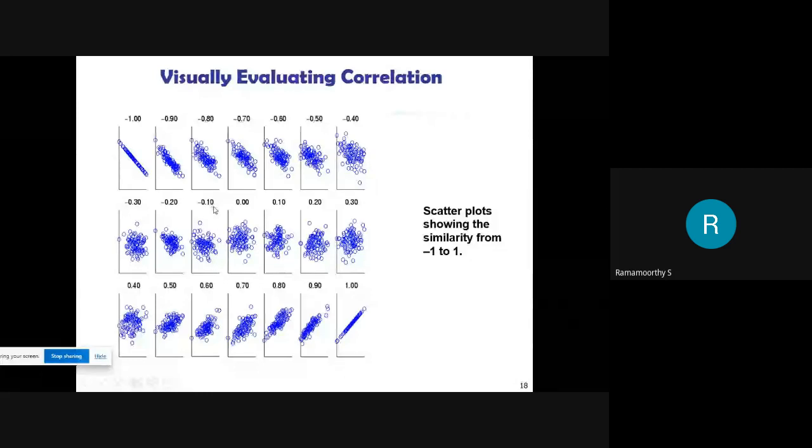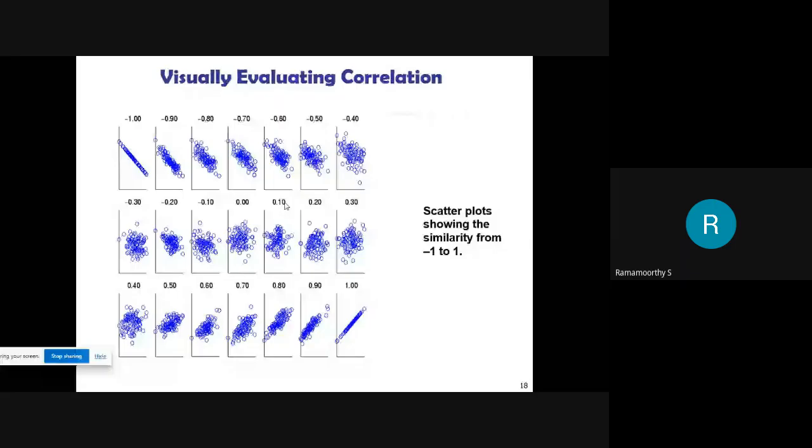It starts at -1, then it is 0, and then it is the positive correlation, moving towards the positive values, right? So from the negative to the positive. So similarity from -1 to +1, and positive correlation.